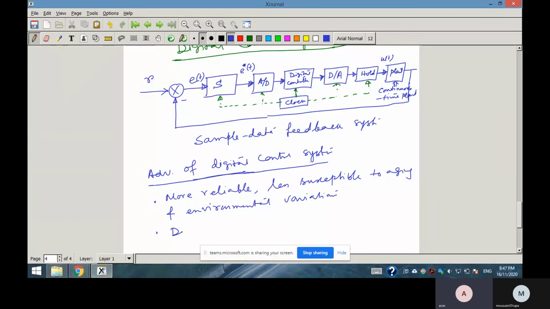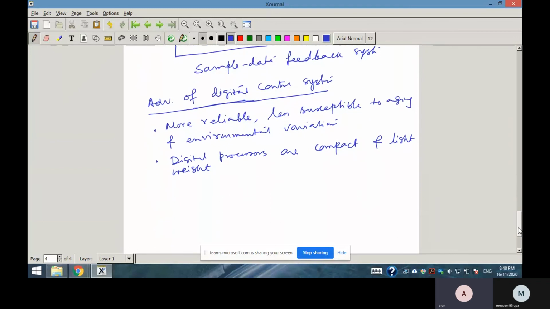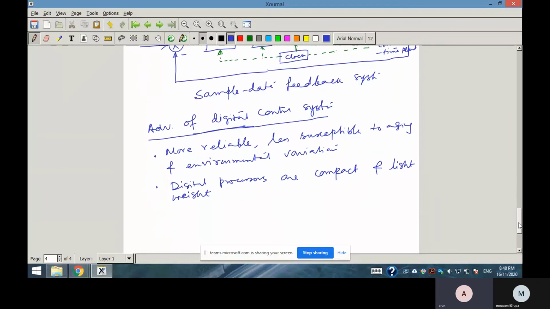The second thing is that digital processors are compact and lightweight. Nowadays, in terms of ICs, everything is easily available.